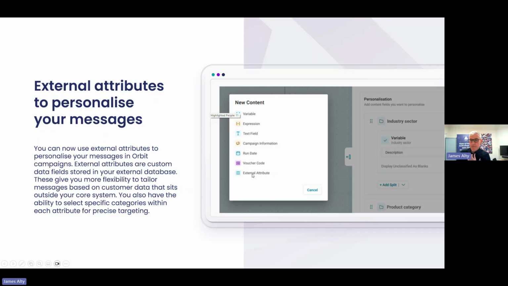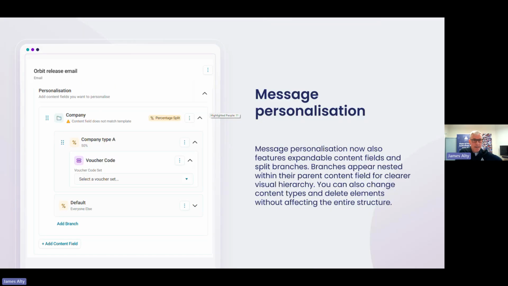So one type of content personalization is the external attribute, and that allows you to ensure that the values you're providing in the campaign are validated against the external source system. I'm going to demo this one to you.